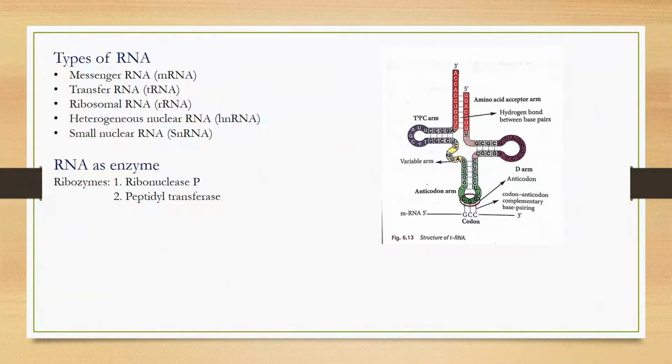For example, ribonuclease P is a ribozyme involved in the post-transcriptional modification of the primary transcript of tRNA to mature tRNA.